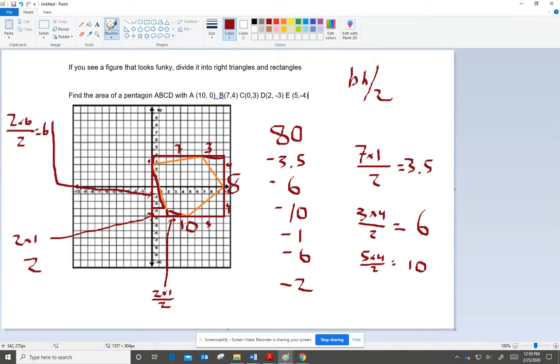Okay, so 80 is this whole box. 3.5 is this, 6 is this, 10 is this, this thing here is 1, this triangle here is 6, and that rectangle here has an area of 2. So we minus all these, and that's going to give us our orange area, what's left. So 80 minus 3.5 is 76.5, minus 6 is 70.5.